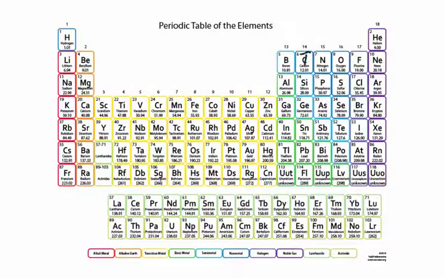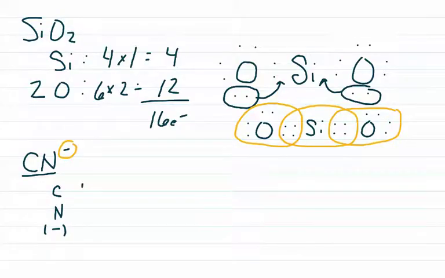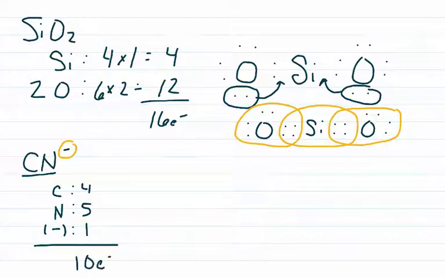Carbon is in column 14, so it has 4 valence electrons, and nitrogen is in column 15, so it has 5 valence electrons. The negative charge means it has an extra electron, so we'll add that electron in here as well. And that gives us a total of 10 electrons to distribute.